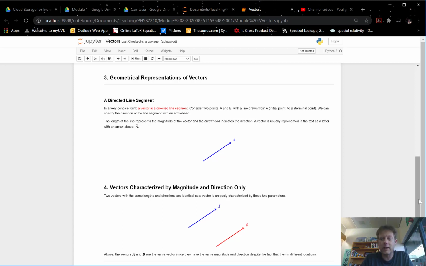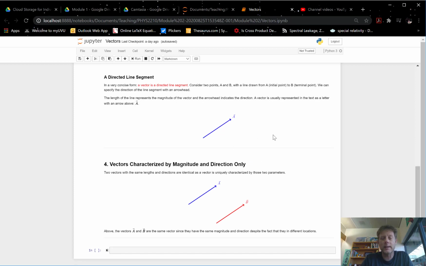That's represented here by the blue arrow, a directed line segment. But keep in mind that a true vector is defined only through its magnitude, or its length, and its direction. So if I take a second vector and draw it somewhere else, but it has exactly the same length and exactly the same direction, just because I drew it somewhere else doesn't change the nature of the vector.